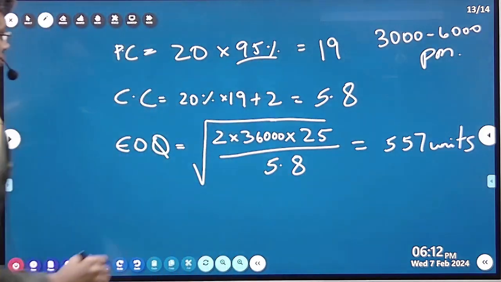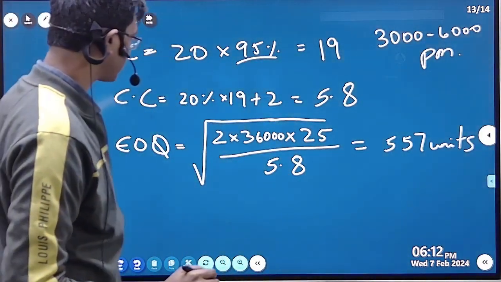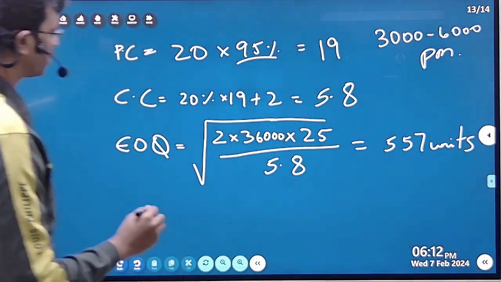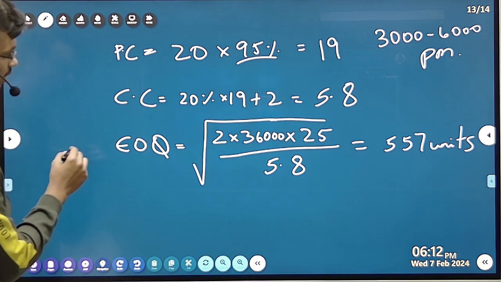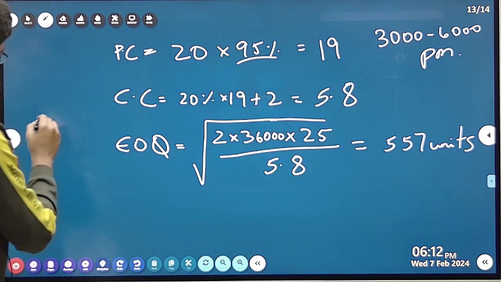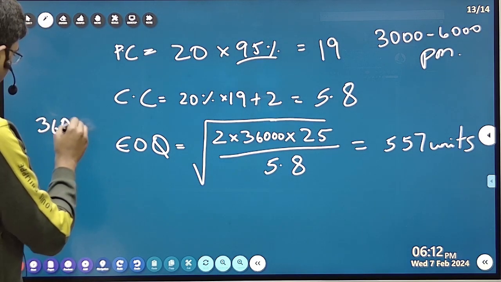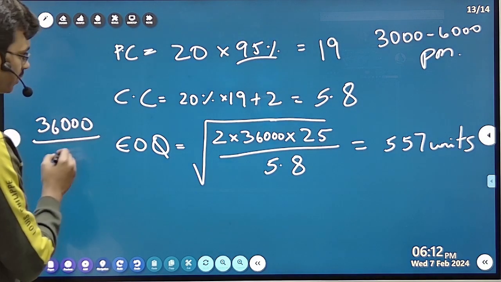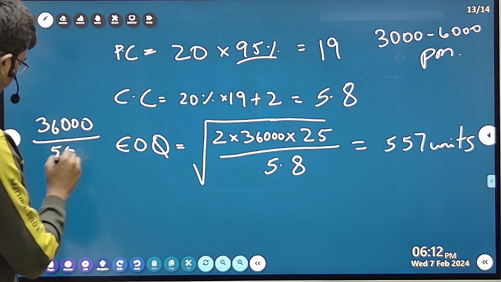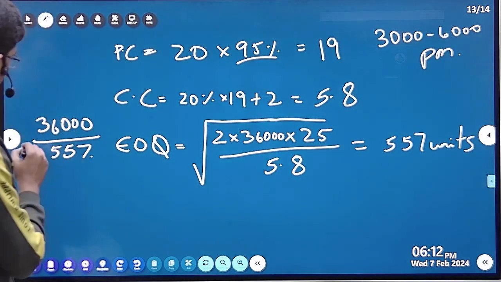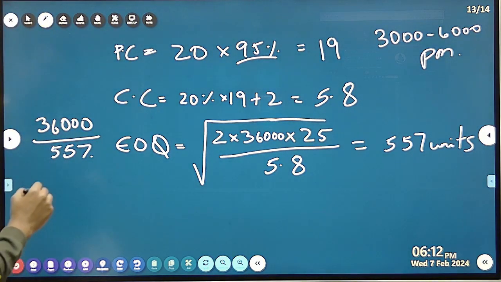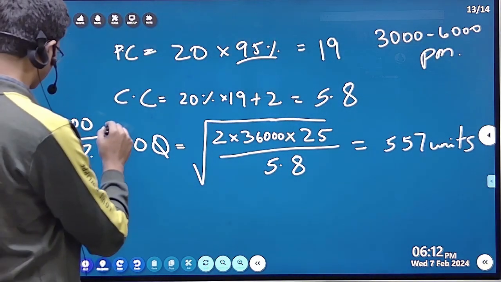Okay. So let us calculate how many orders we will have to make per month. So this is 36,000 divided by 557. This is for the whole year, right?